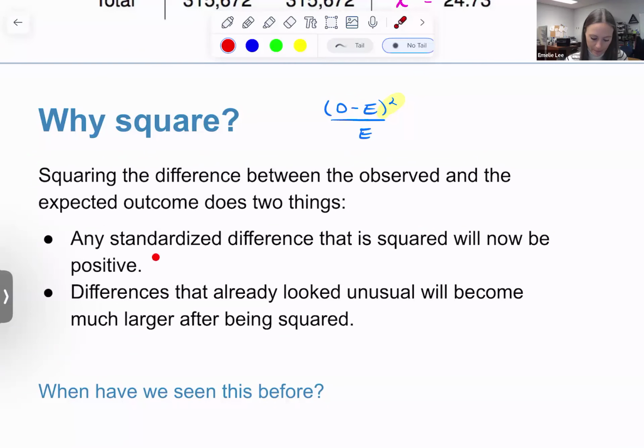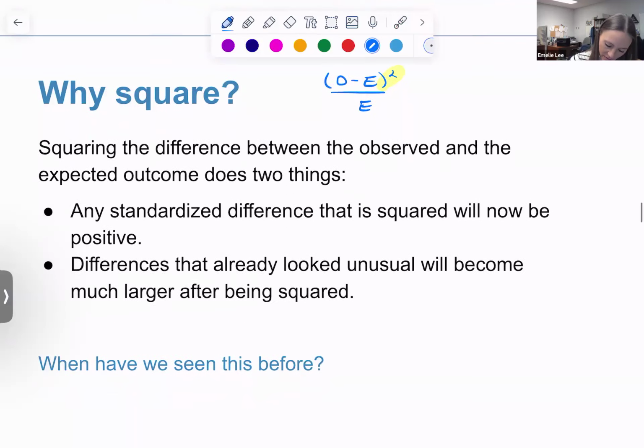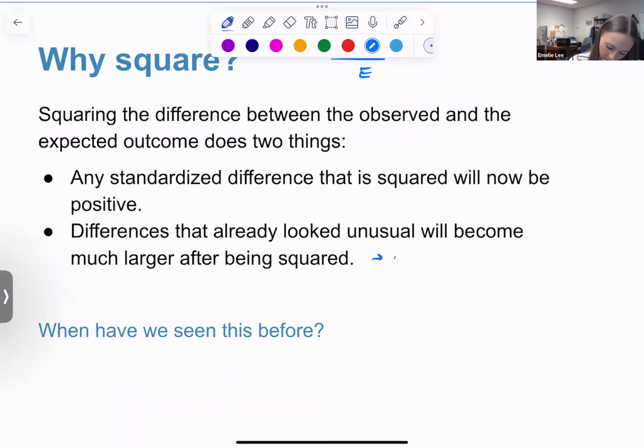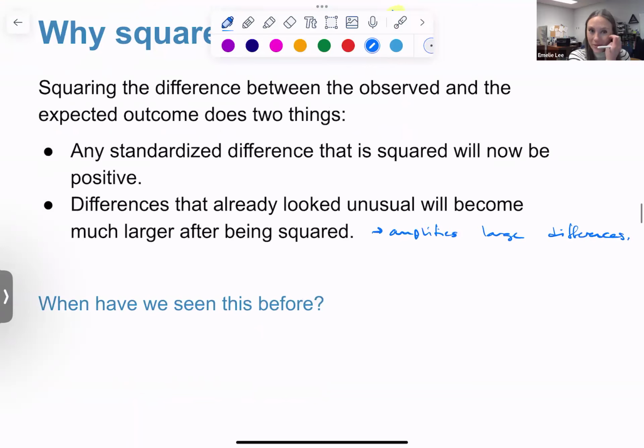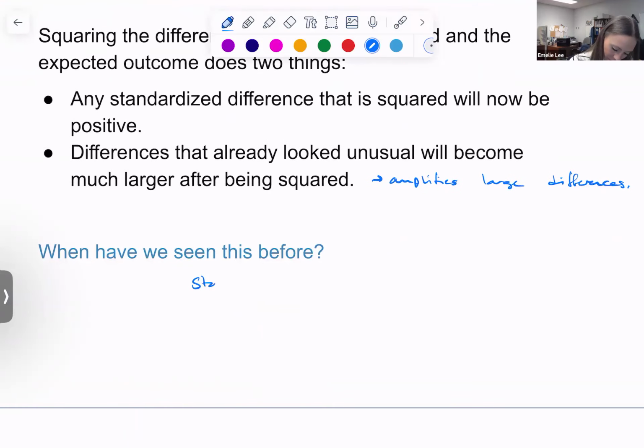It makes values positive, but also amplifies large differences, right? And so here I summarize this as it amplifies large differences. We've seen this before in our standard deviation calculation.